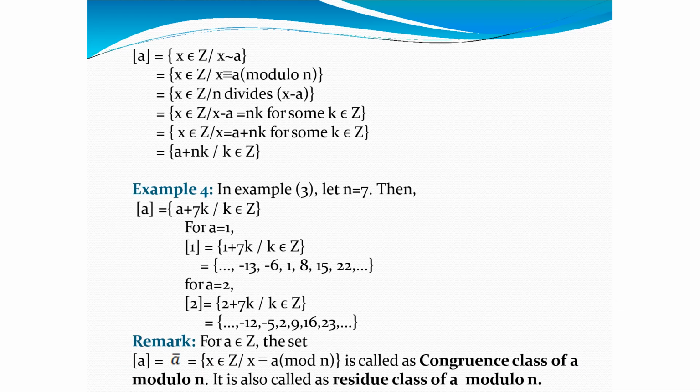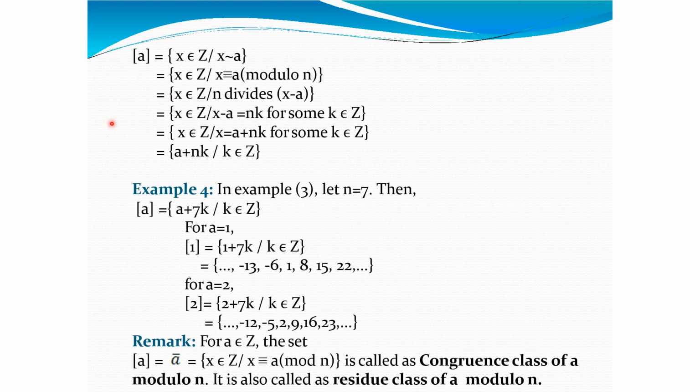Now the next part is to decide equivalence classes. So for any element A, by definition, the equivalence class of A is the set of X in Z such that X is related to A. Now we simplify it further. X related to A means X is congruent to A modulo N. It means it contains X in Z such that N divides X minus A by definition of congruence.